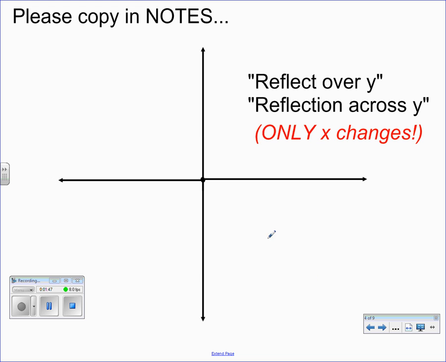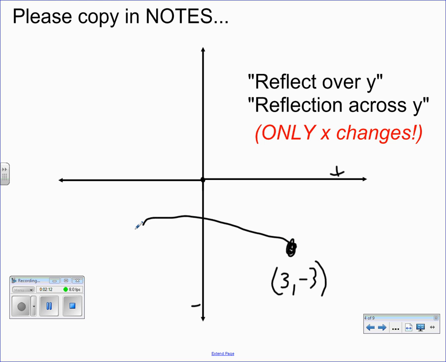The opposite of that is reflect over the y-axis. So if you had a point here, let's call it 3, -3. And again, I know it's a positive x and a negative y. I'm reflecting across y. This is y, up and down.